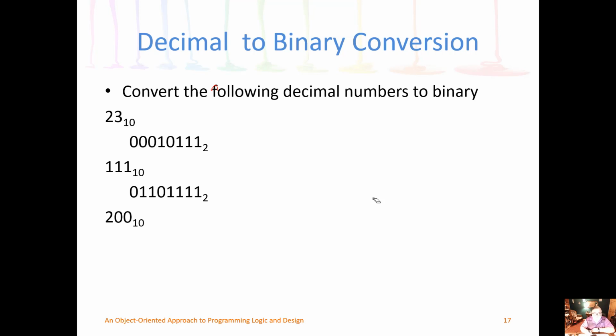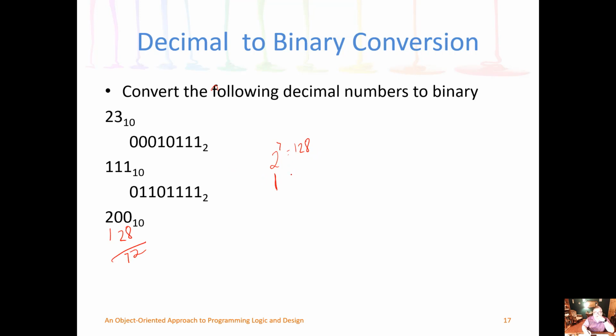Okay, again, 255 is, 128, I'm sorry, is the highest, 2 to the 7th, 128. 128 will work. So we subtract 128 from here. We get 72. So we put a 1 there.